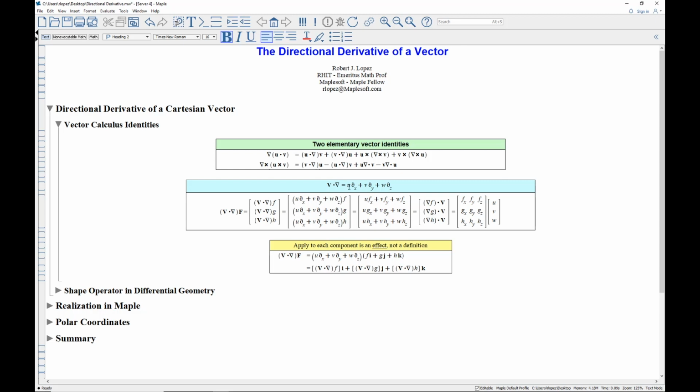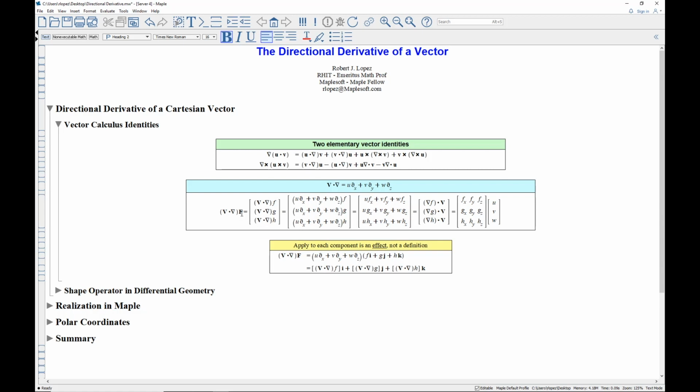And this is what that vector dot del operator looks like in Cartesian coordinates. Partial derivatives, with u, v, w in front of the partial derivatives. And it is said that the operator is applied to each component of the vector field.